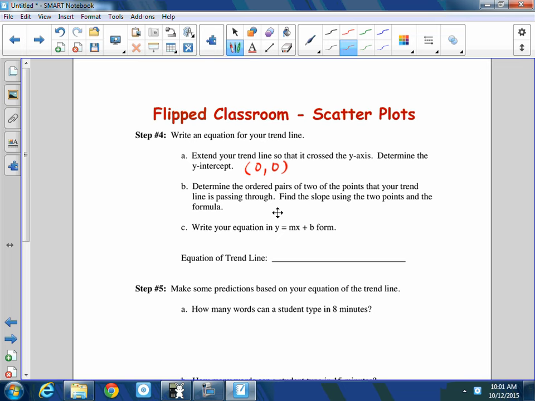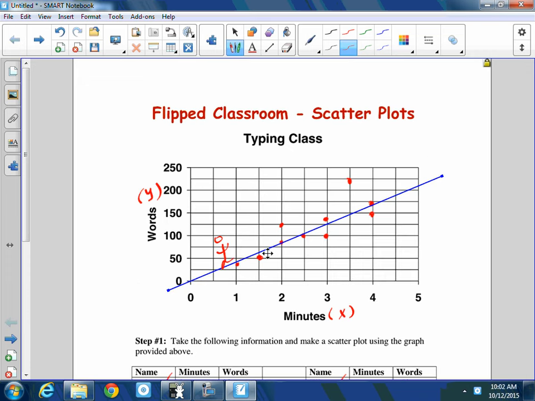Determine the ordered pairs of two of the points that your trend line is passing through and find the slope using the 2 points and the formula. So, I'm going to go back and find 2 points that I can read. Well, I can definitely read 0, 0.